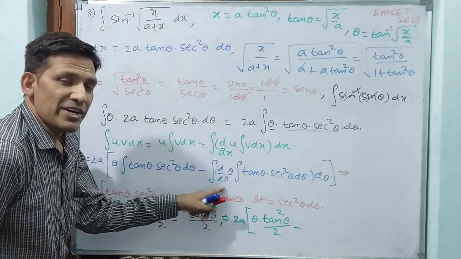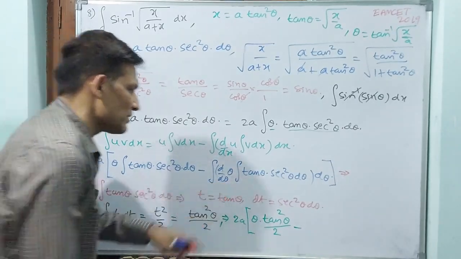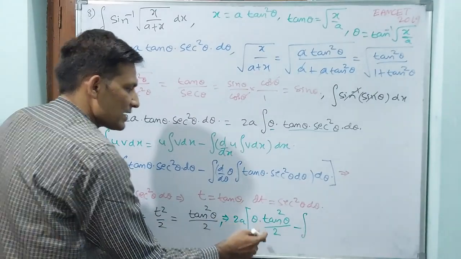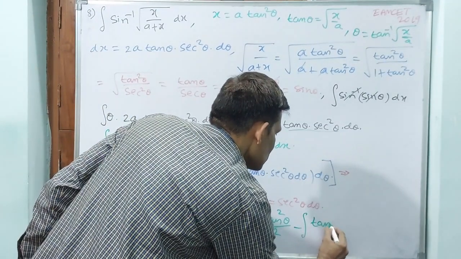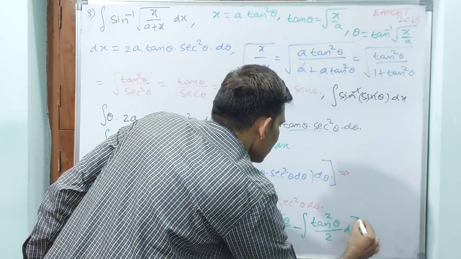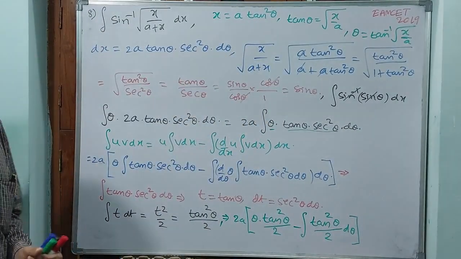See, d theta by d theta is 1 only. That means this value directly will multiply with 1. Again I am writing integral. This value is again tan square theta by 2, with d theta outside. Then you close. Okay, now pause and note down, up to the blue color I am removing. Let us proceed.